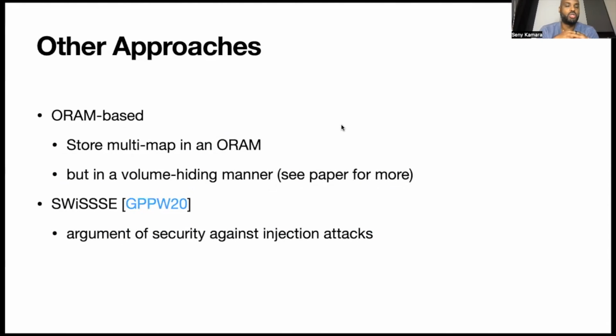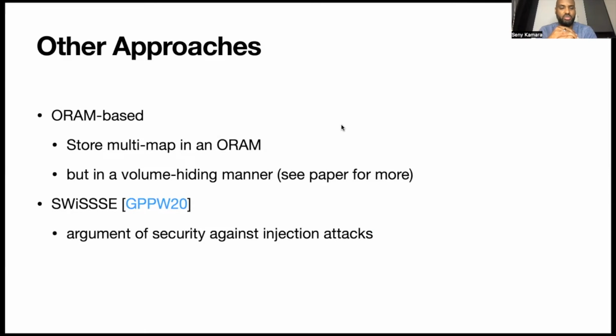Now I'll mention that there are other ways of achieving this kind of security. One could use ORAM. You could store your multimap in an ORAM, but you have to do it in a volume-hiding way, and we have some discussion about how one could possibly do this in the paper. There's another approach, a scheme called Swiss.